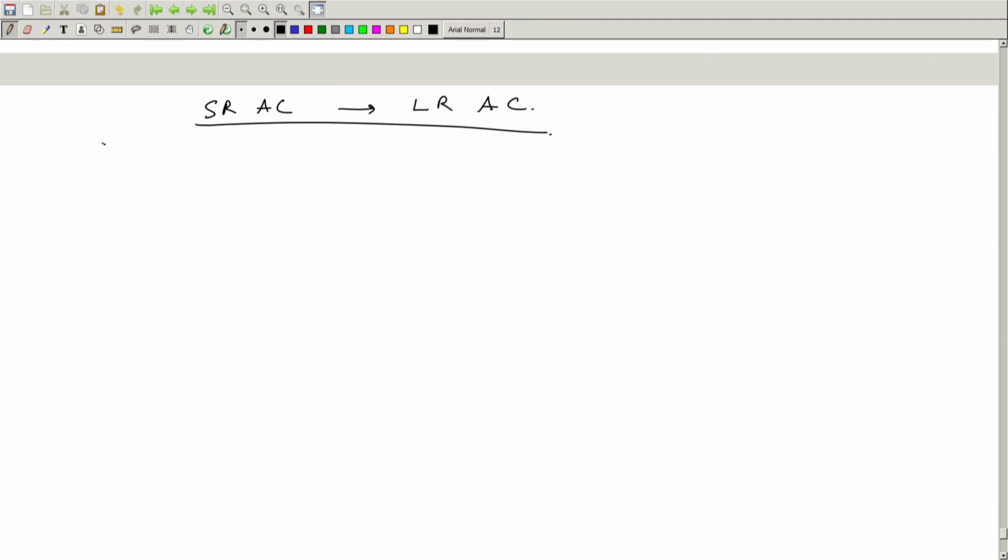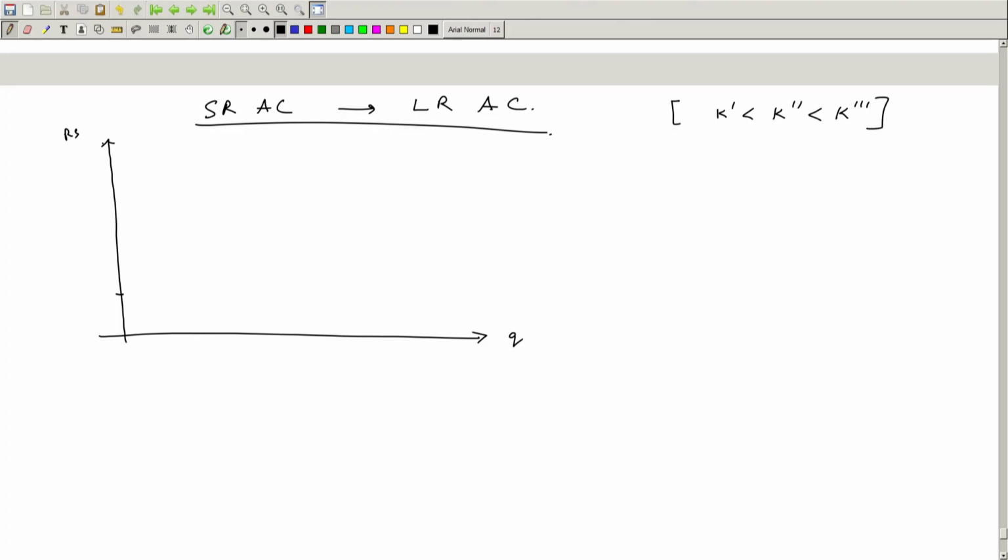So, recall the three different levels of capital: k prime less than k double prime less than k triple prime. As before, I will have the three different cost curves. This is the cost when I have k prime amount of capital.